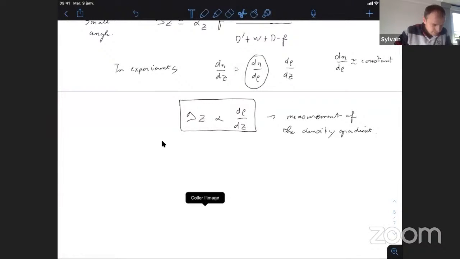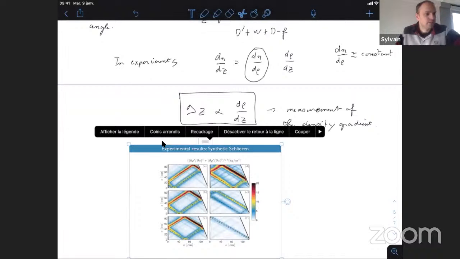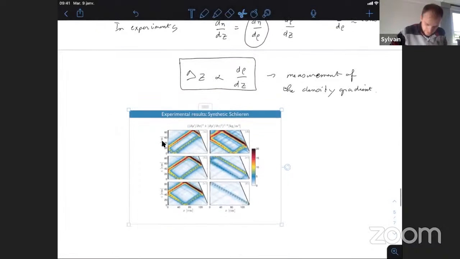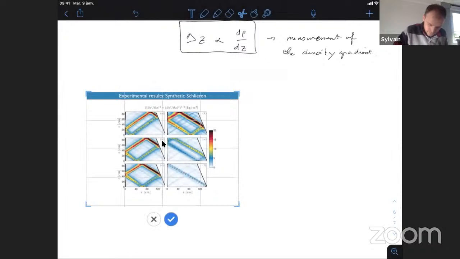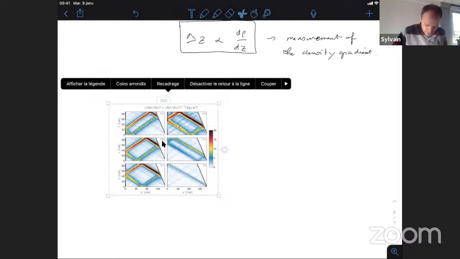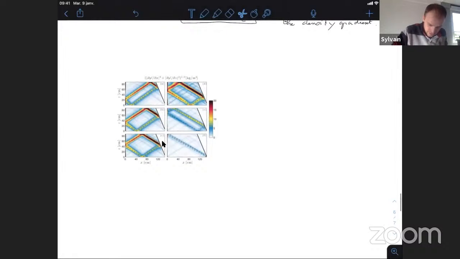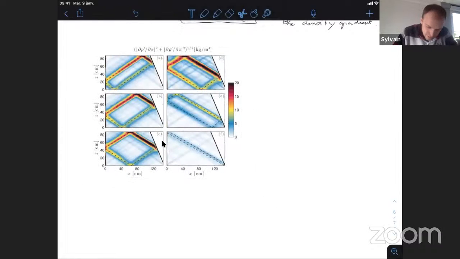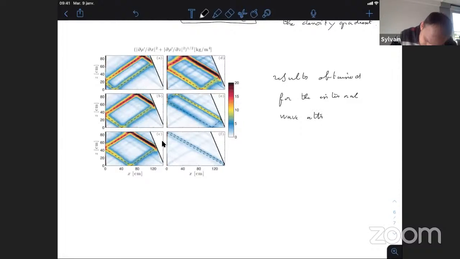These are the results obtained for the internal wave attractor for different frequencies.